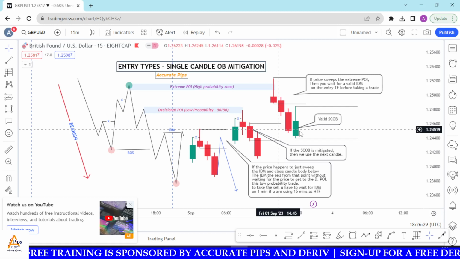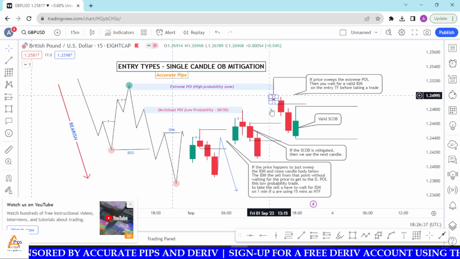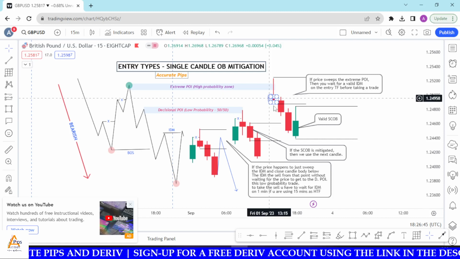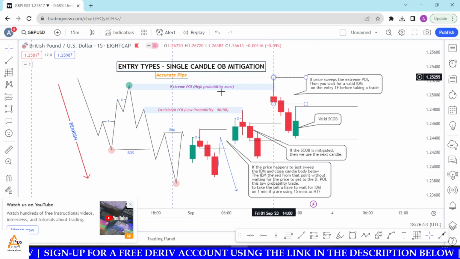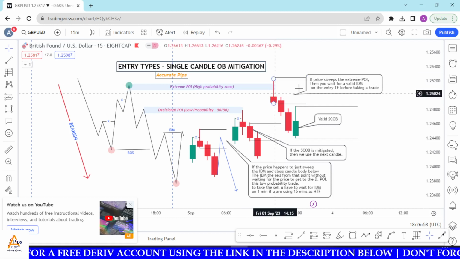All right. Now, what I was talking about, this extreme OB. Let's say price came and just swept the whole order block. That's why it's not advisable to be taking limit orders anyhow, because sometimes price can just sweep the order block and then close below it. When you see this, then you wait for a valid inducement on the entry time frame before you take the trade.